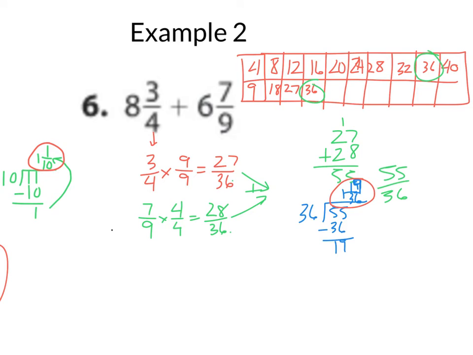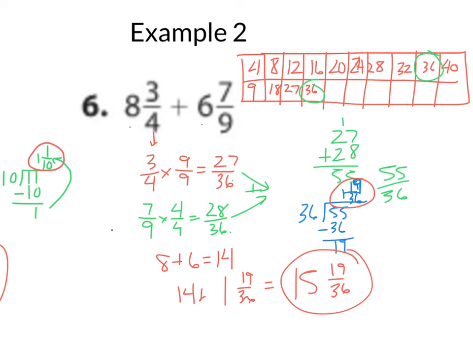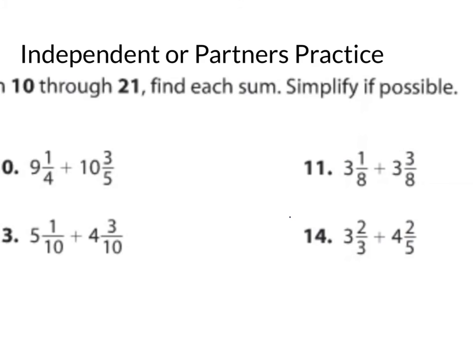Next, let's add the whole numbers. 8 plus 6 equals 14. Then add 14 plus 1 and 19/36, giving me 15 and 19/36. You cannot simplify 19/36, and that is your final answer. Moving on in 3, 2, 1.